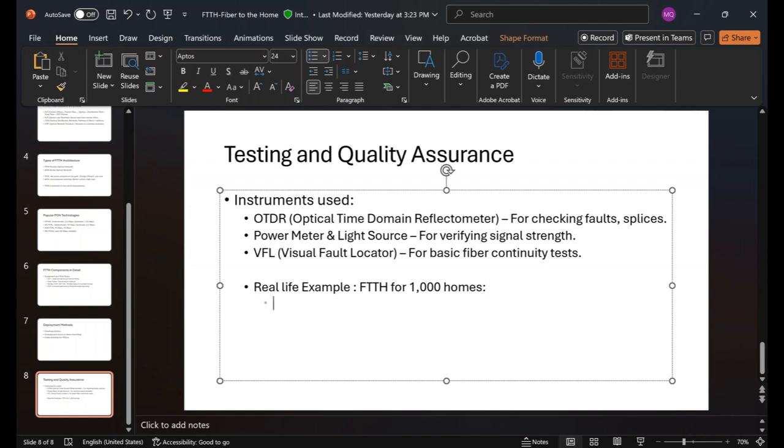So, deployment plan: number one, one OLT port.